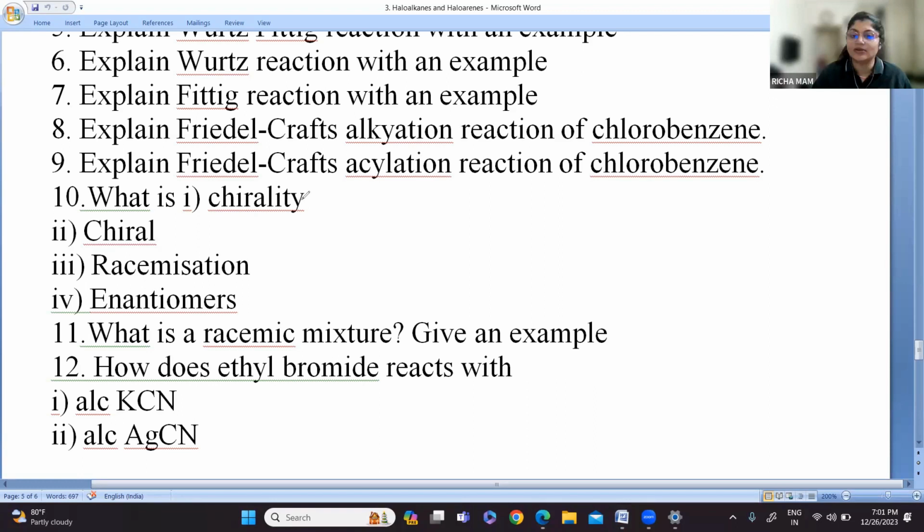Okay, so this is chirality. Understood? Now, next is what do you mean by chiral compounds?